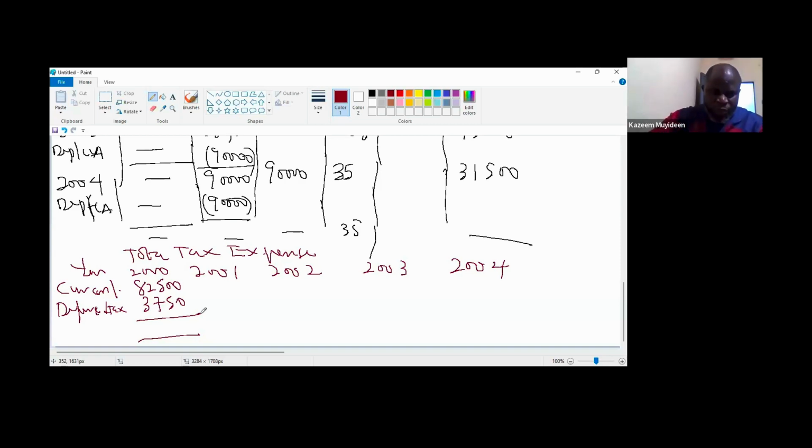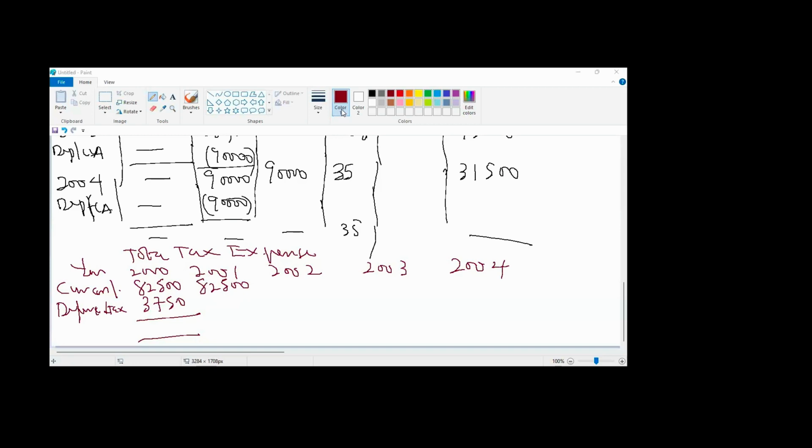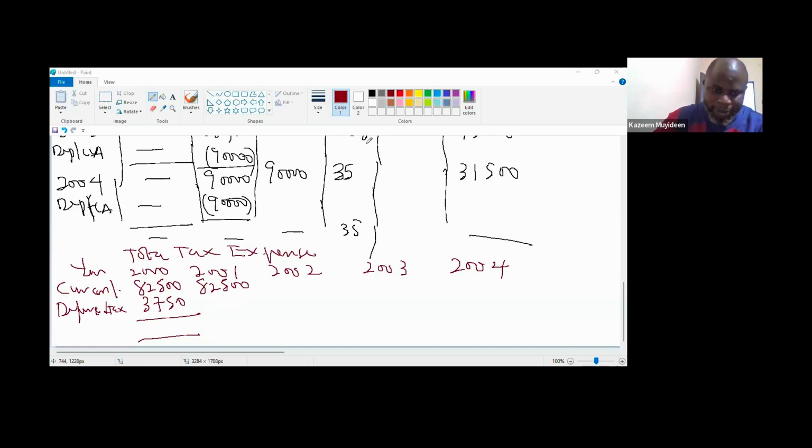In 2002, we have 82,500. What is the deferred tax movement in 2001? 75, it is recorded already.